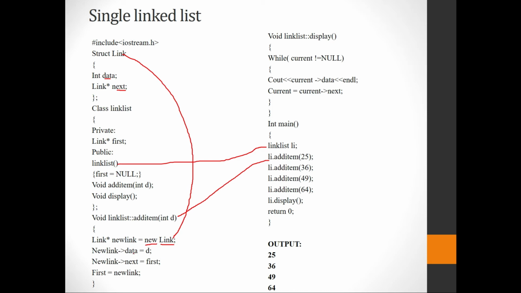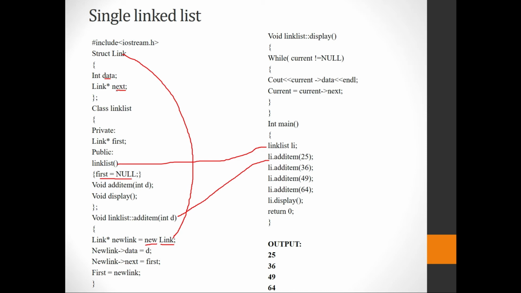Now newLink's data is equal to D. What is my D? As you know already, it is going to be 25. So this newLink's data is going to be D. Now newLink's next is going to be my first. Already you know that first has been pointed to null. Now what do I say? newLink's next, that is your next.